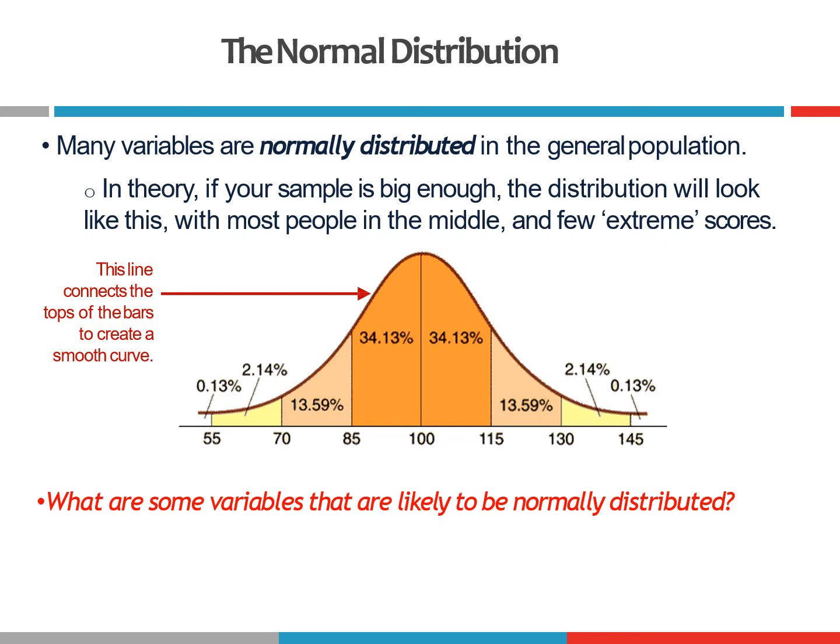But for now, it's just important for you to know what I mean by normally distributed variables and maybe have some examples of the types of variables that are typically normally distributed in the population, right? So a normal distribution is going to have a histogram that is bell-shaped with only one peak, and it's going to be symmetrical about the mean.